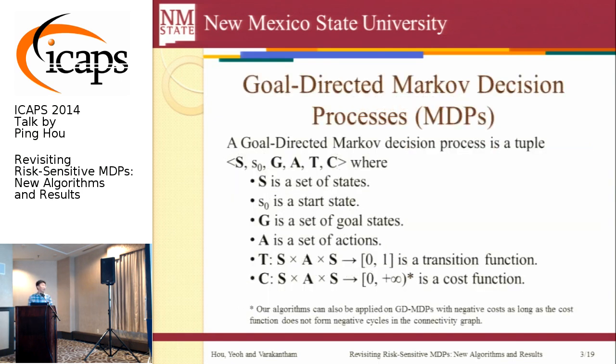Okay, this is the formal definition of MDPs. It includes a set of states, an initial state, a subset of states as goals, a set of actions, and transition and cost functions, which are the transition probability and cost value. An agent starts from the initial state, applies an action, and goes to a successor state.